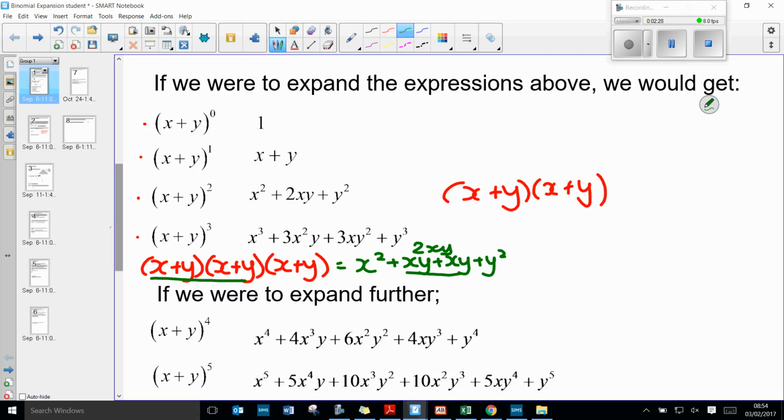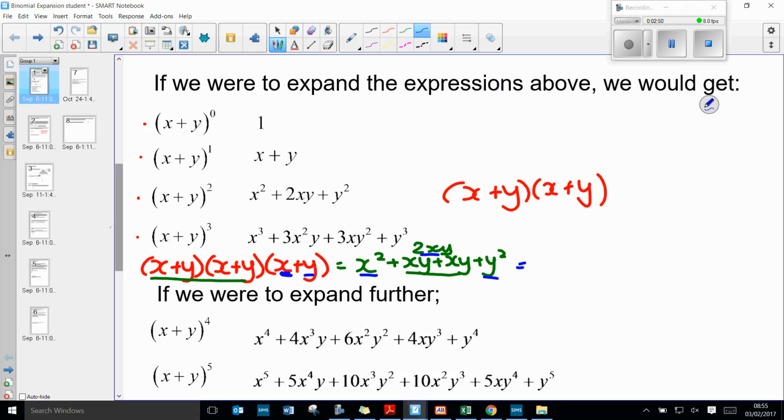If we're now to multiply by our 3rd bracket, we would multiply each of these terms, the x squared, the 2xy and the y squared, by each of these terms. So we would have, it doesn't matter which way you would do it, I'm going to focus on my x to start with, so I'm going to multiply all of these 3 by x.